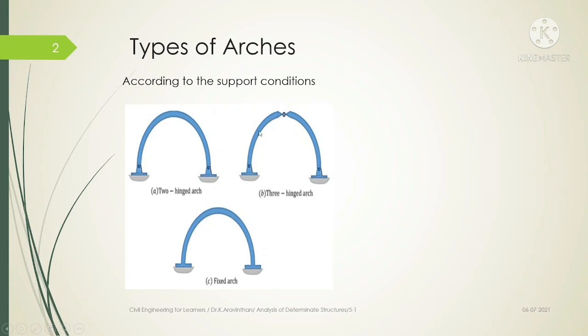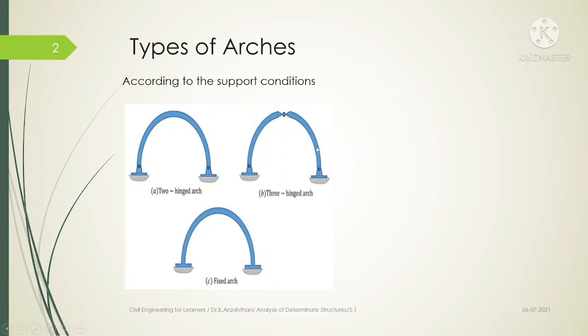So this half becomes a structure and the other half becomes another structure. So it is a connected arch, an arch being connected with a hinge. This hinge acts as a roller, and if you take the left half, you will have three reactions, and at the right half you will have three reactions.